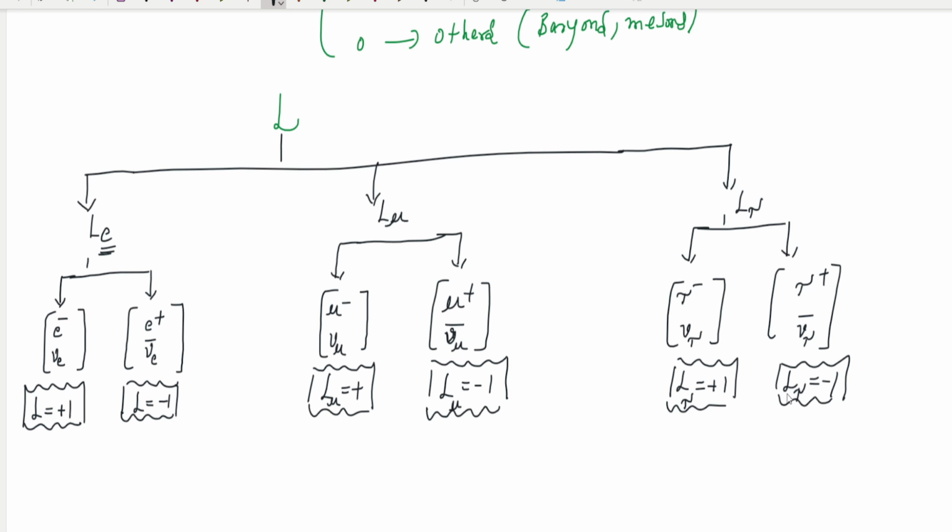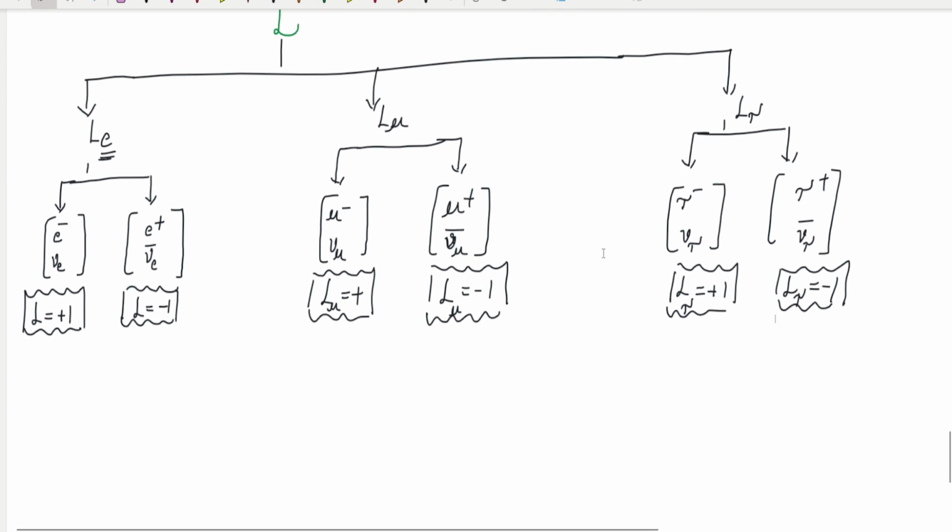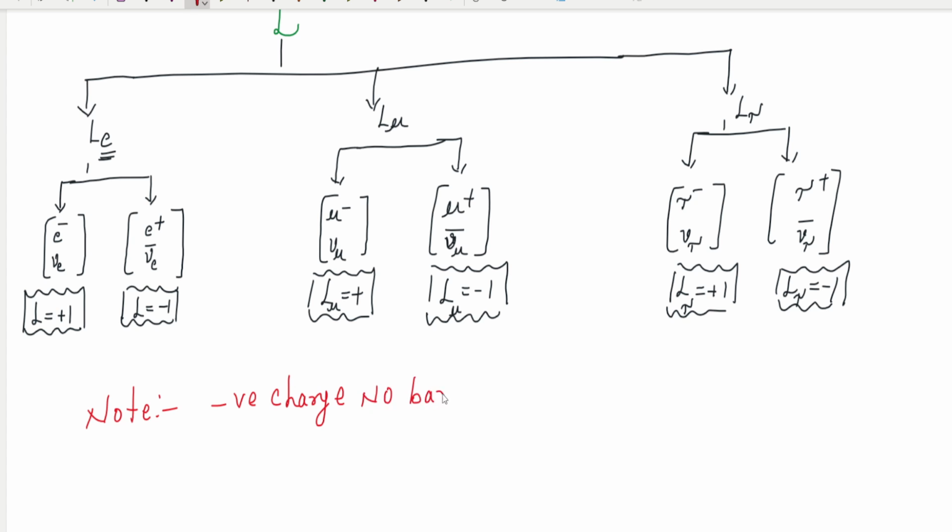So remember: negative charge and no bar are leptons, with lepton number plus one.